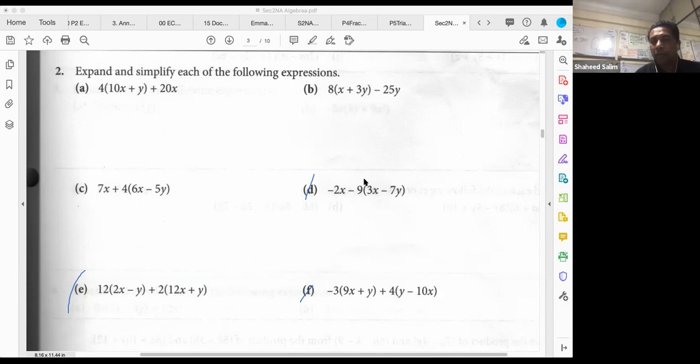Only the 9 needs to be multiplied. Minus 9. Okay, you show me your answer for D first, then if we need to, we'll run through.